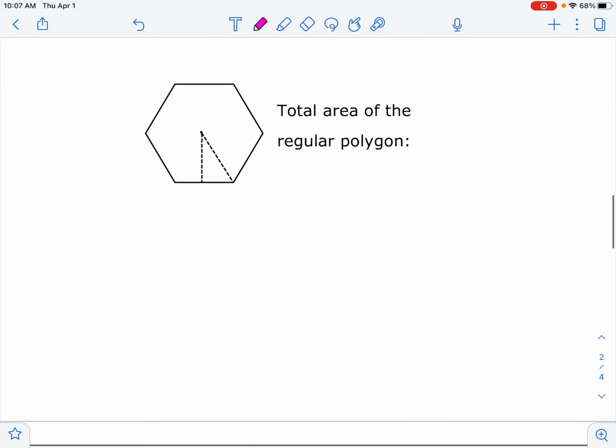Okay. All right, so total area of a regular polygon, here is your formula. The formula for the area of a regular polygon is area equals 1/2 apothem times perimeter. Once again, that P stands for perimeter.